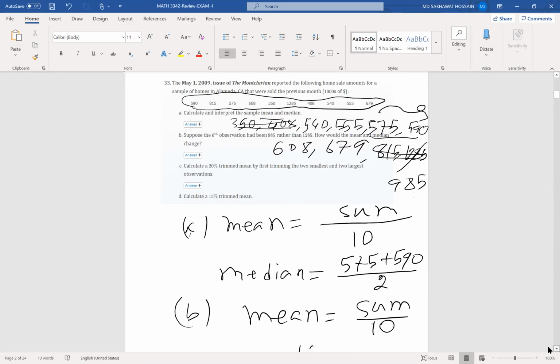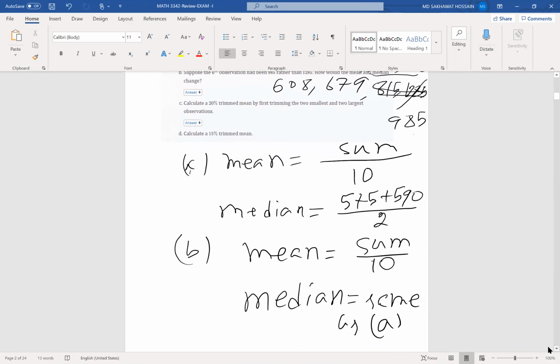That will be the 20% trimmed mean. Sorry, not 8 numbers, actually 6, right? Because we removed 2 from the left and 2 from the right, so we are removing a total of 4 numbers. So we'll have 6 numbers, and you have to take the mean of these 6 numbers.